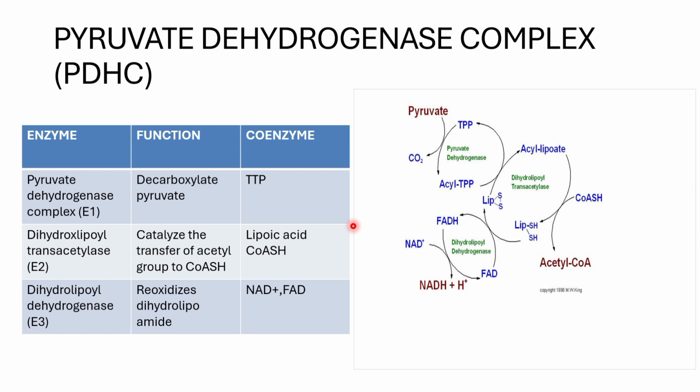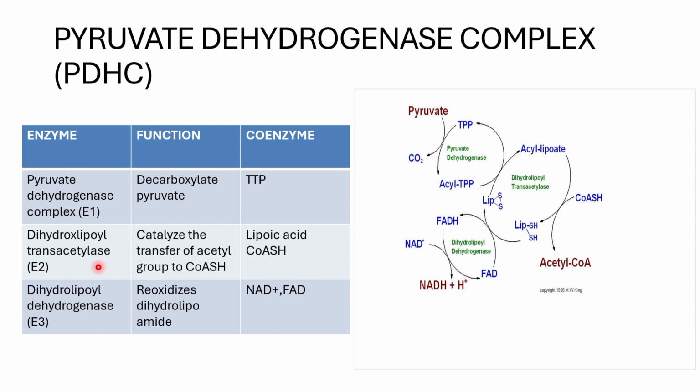The first enzyme we have is pyruvate dehydrogenase. Its function is to decarboxylate pyruvate. It will remove carbon dioxide from the pyruvate, using the coenzyme called thiamine pyrophosphate.